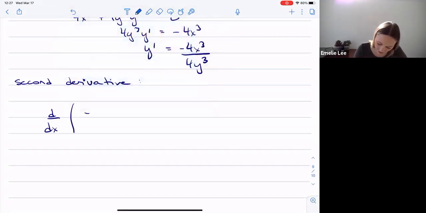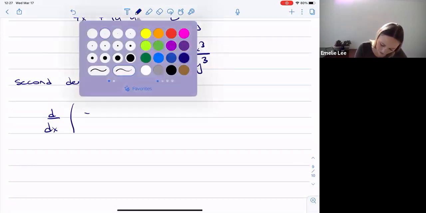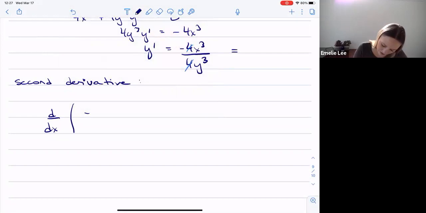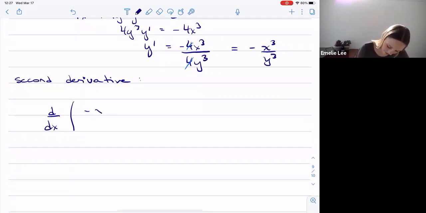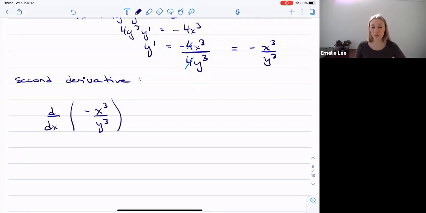Let's do that. Clean it up a little bit. 4 over 4. But I already wrote, so negative x cubed over y cubed. That's better. So I want to take the derivative of negative x cubed over y cubed. Right? That would be my second derivative.